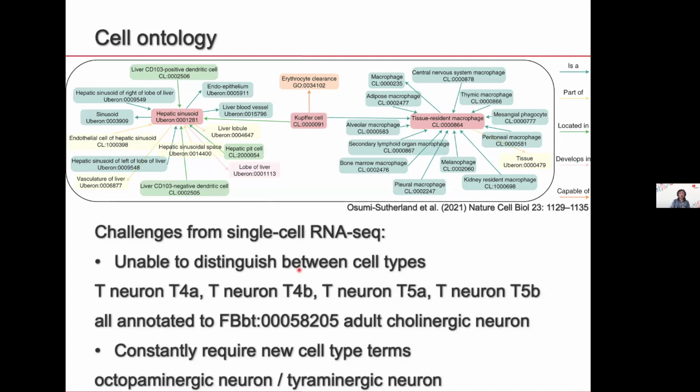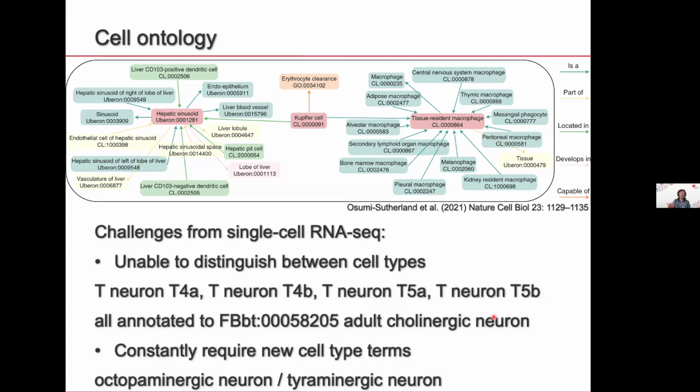So for example, you have neurons of different types, which are all annotated to the same Cell Ontology term because we don't have the level of detail. For example, last year they discovered the difference between octopaminergic neurons and tyraminergic neurons, but they were not yet distinguished in the Cell Ontology.